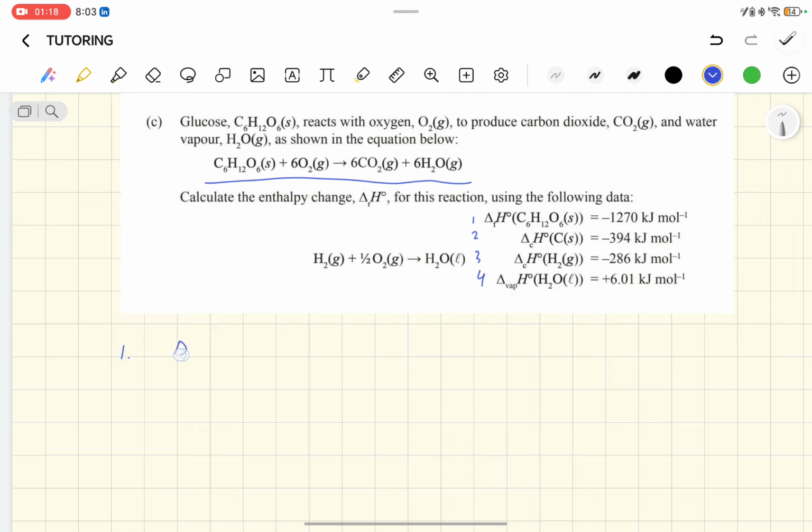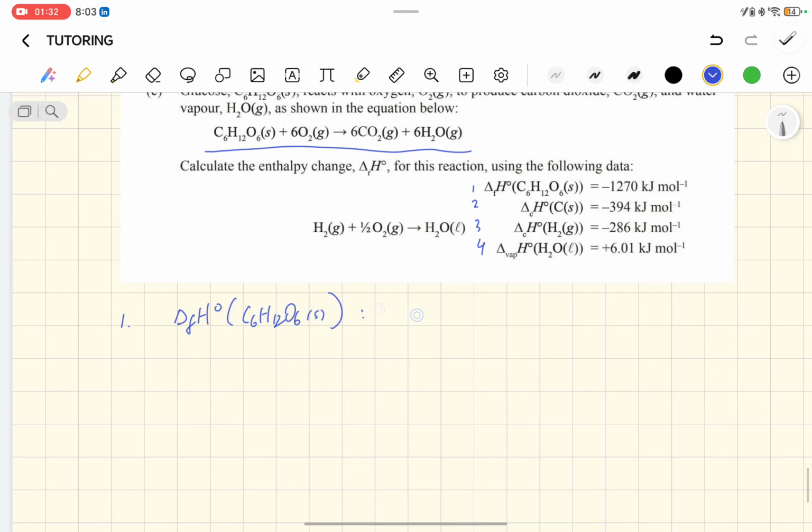For 1, we have the enthalpy of formation for C6H12O6 solid, which is 6C solid plus 6H2 gas plus 3O2 gas goes to C6H12O6. This has an enthalpy change of -1270.